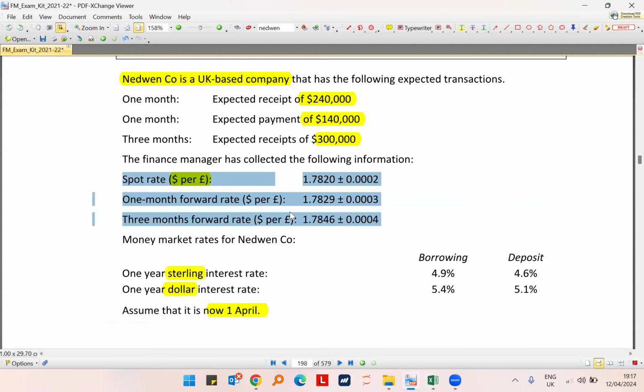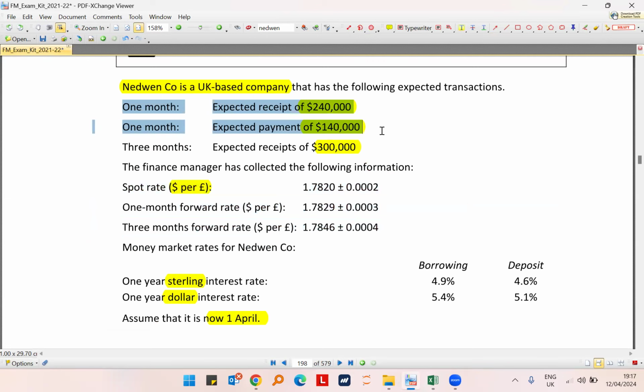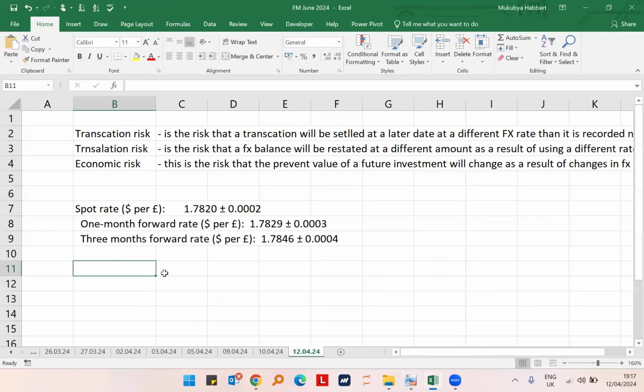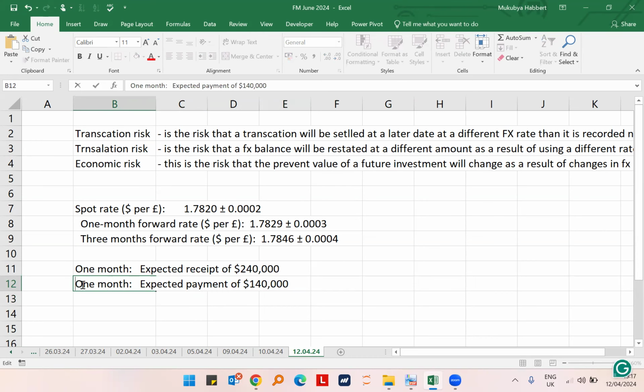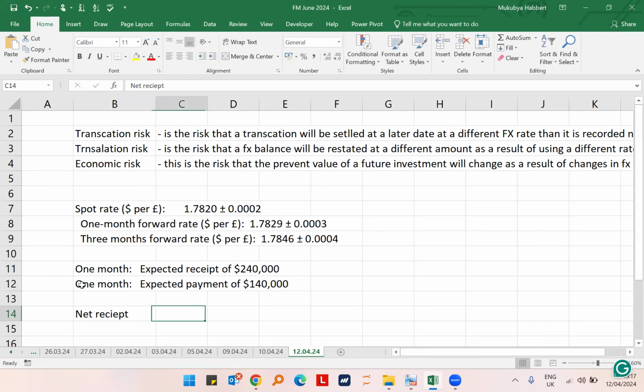Now remember that we are going to receive and pay. So we are going to receive 240,000 and we are going to also pay 140,000. Now, the first thing that we have to do in this case is to do what we call netting. Because we are going to receive more than what we are going to pay out, we have a net receipt, which is basically 240,000 minus 140,000.